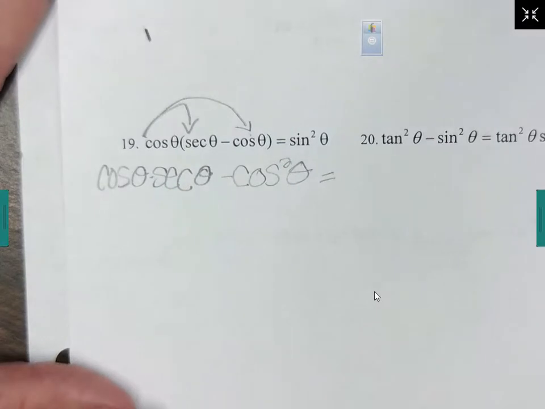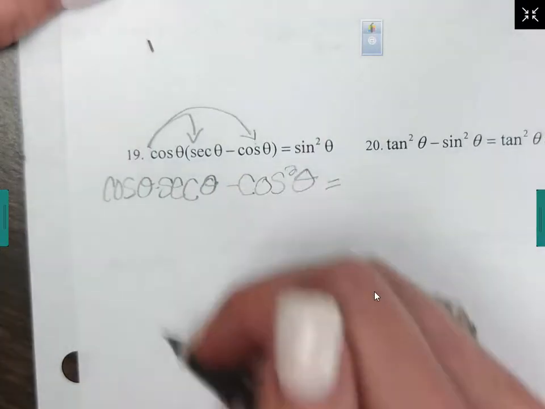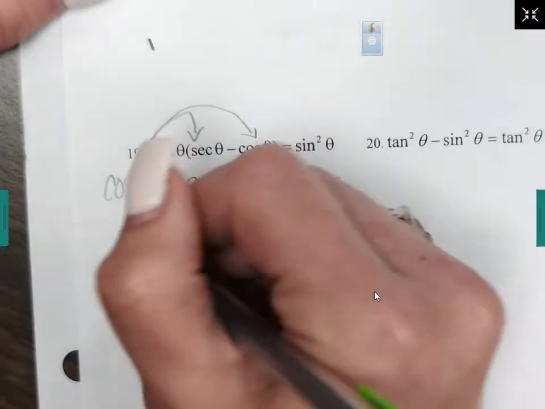Okay, now there's only one thing that we really want to change here, and what is that? Tiffany, what's the one thing we want to change? Secant. Perfect. And what are we going to change secant into, Patricia? What is secant of theta equal to? Look at your formula sheet. 1 over cosine. So that's what we're going to change it into.